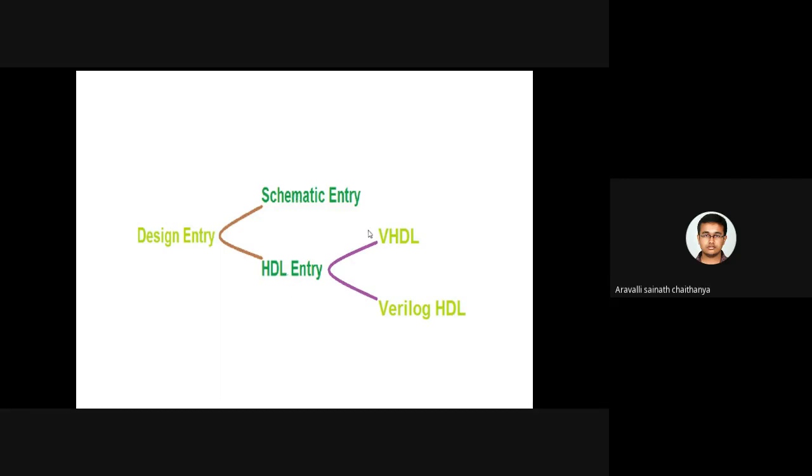Instead of connecting many transistors in the schematic way, I can design the multiplexer circuit by using a program, that is hardware description language. This hardware description language is categorized into VHDL and Verilog HDL. We have discussed the differences between VHDL and Verilog HDL in the previous lecture.